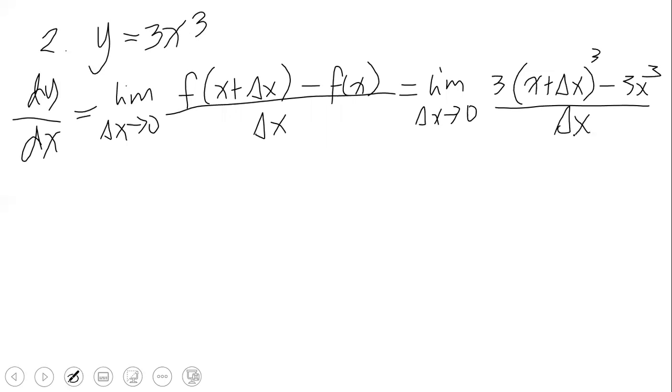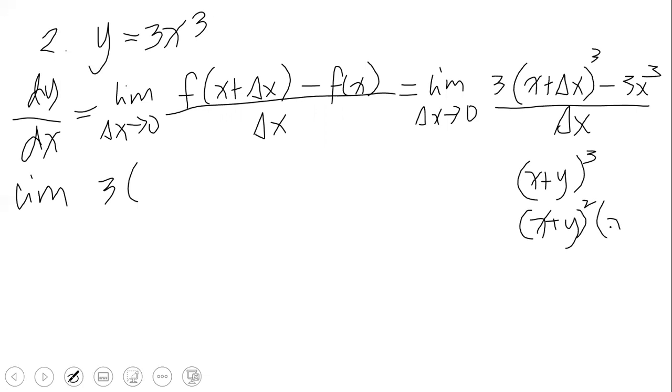So, simplify natin yung nasa term, which is the limit of 3 times expansion natin, parang sinabi natin yung x plus y, quantity cube, di ba? So, ibig sabihin, expansion ng isang x plus y, quantity squared, tapos x plus y.